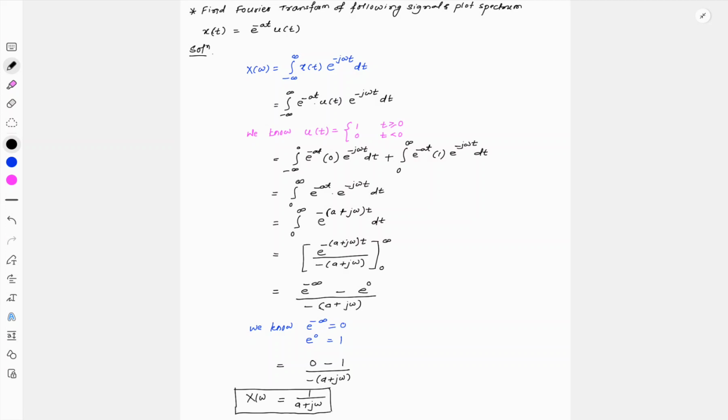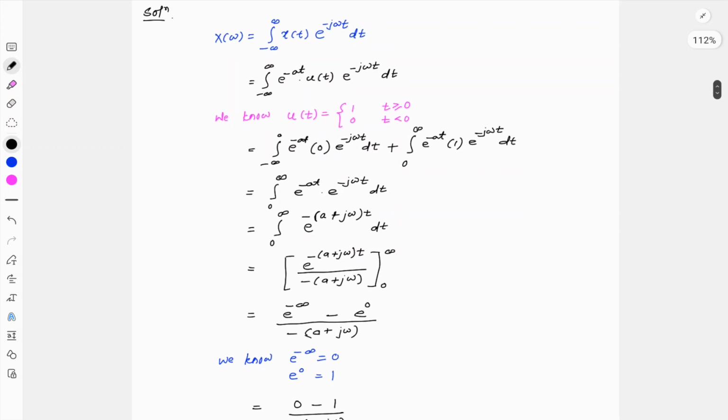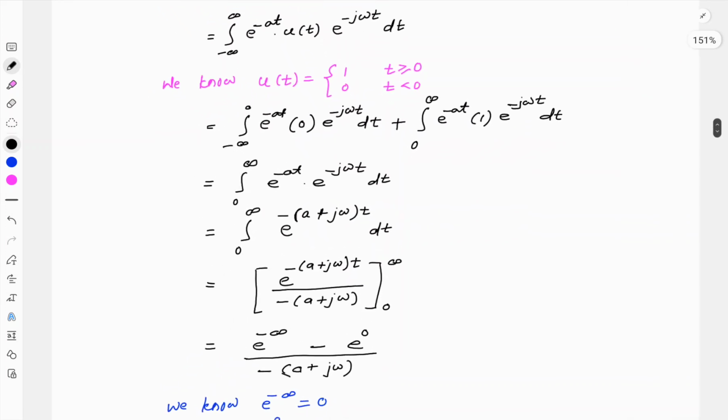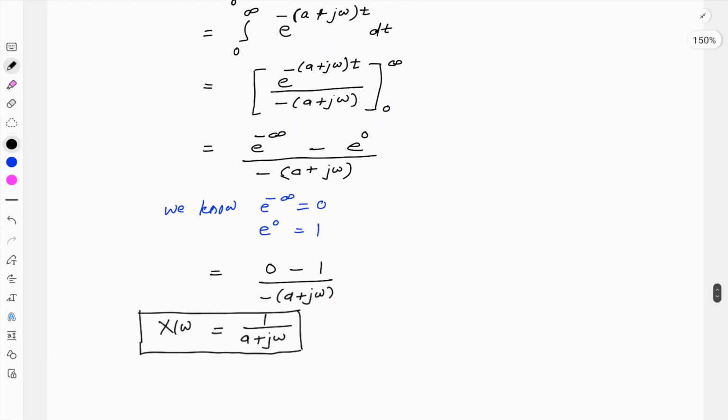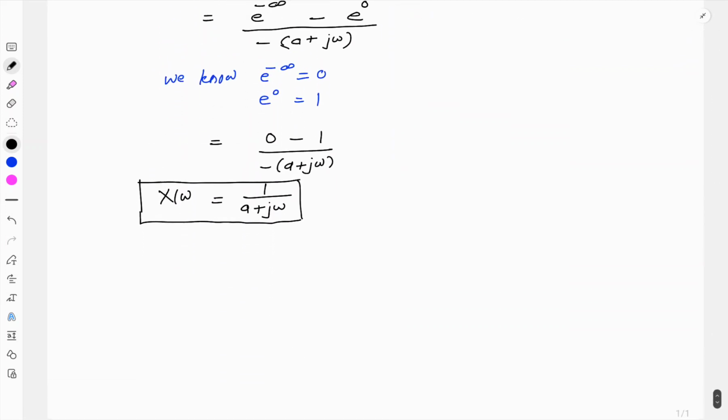But the next task is to find out or plot the spectrum for the given signal. So here we have two types of spectrums. First is amplitude spectrum and second is phase spectrum. So first let us start with the amplitude spectrum.